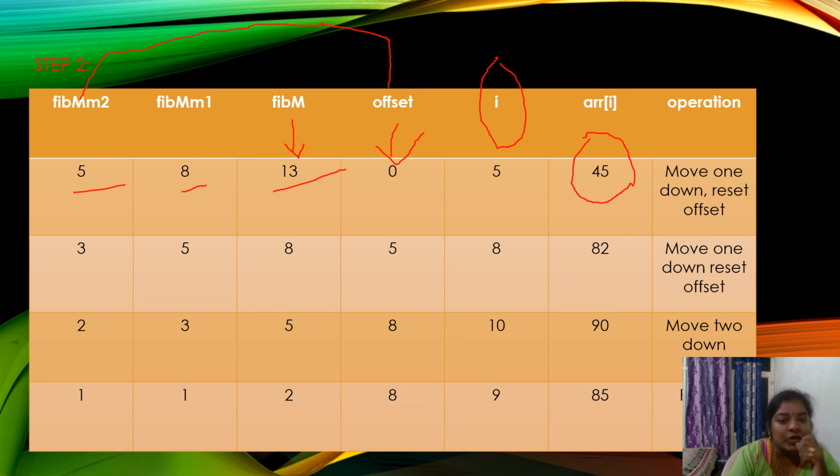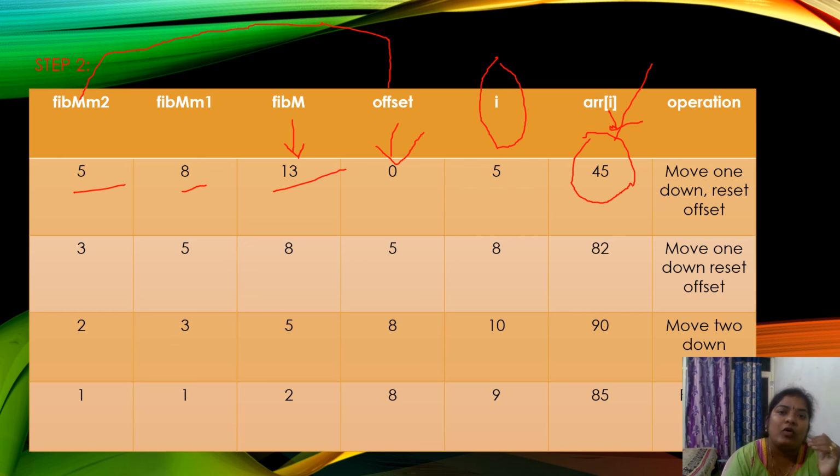So here the comparison element is, I want to search the element, our target element is 85. Now compare the target element with this existing element. So here 85 is greater than 45.